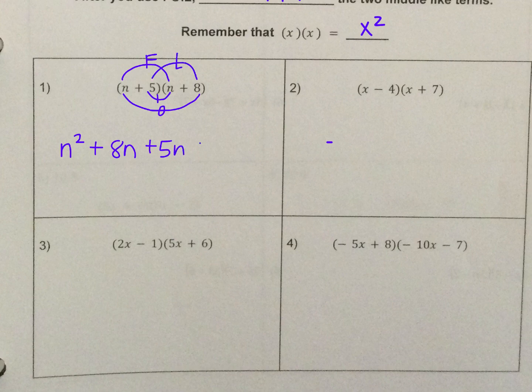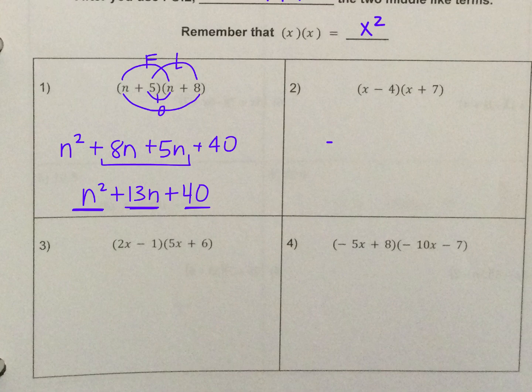And last, 5 times 8 is 40. Combine my middle terms. 8 plus 5, 13. N squared plus 13N plus 40. Your answers in FOIL will typically be something squared, something with just one letter, and a regular number.